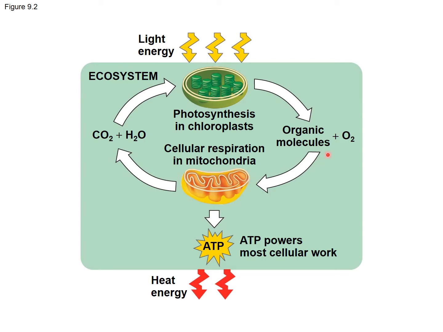So here, animals are going to take in these organic molecules and take in oxygen, and then what's going to happen is it's going to be processed, and the energy from that is going to be extracted from those organic molecules, producing ATP in order to do work. And then, of course, energy can be transformed into heat energy, which isn't available to do work. So that's really one of the products of work. Heat energy, or that type of energy, is lost to the environment, really.